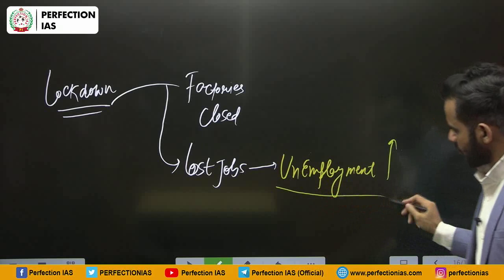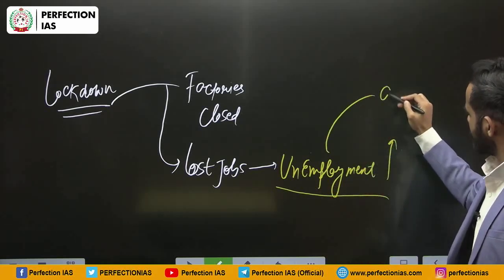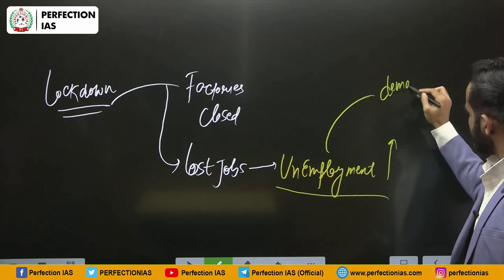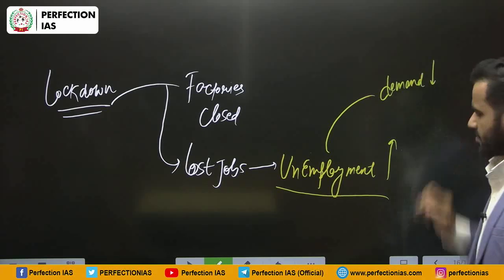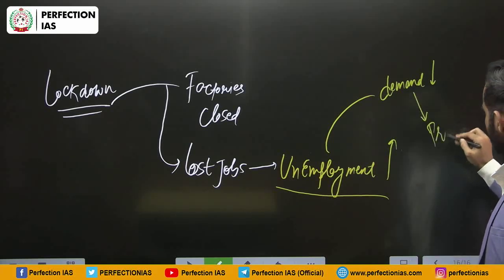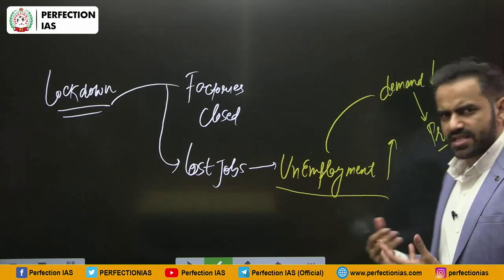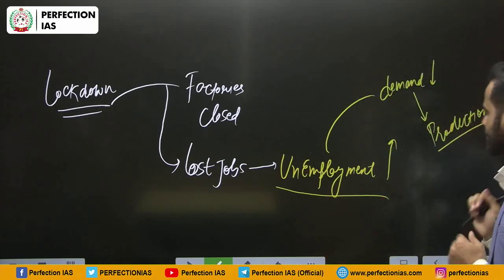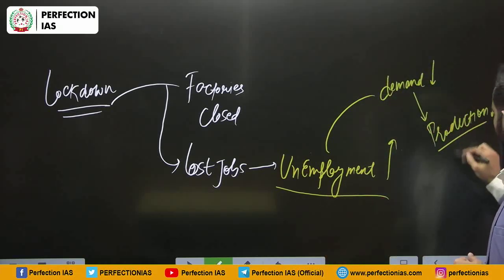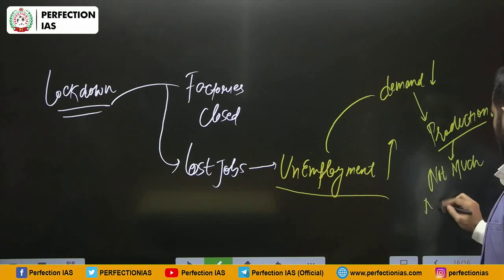Since people were unemployed, they were not receiving salaries, so their expenses, or in simplest terms the demands, were lower. That is why production was also limited. Production was reduced, A, because there was lockdown, and B, the demand was low. So not many new jobs were there.